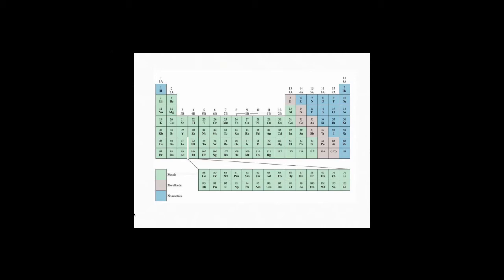In addition to these 3 main categories, you should be familiar with columns of elements, which are called groups, or families, and columns of elements tend to have very similar chemical properties. So for instance, lithium, sodium, potassium, rubidium are all metals which tend to be soft and also tend to react very violently with water.